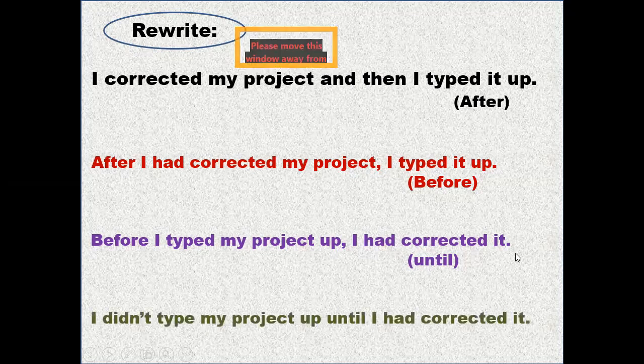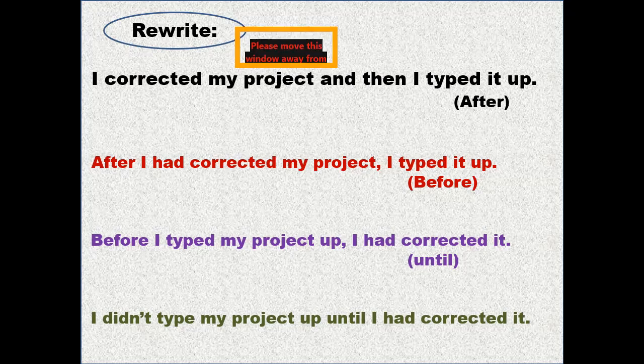So again, for the one who has just entered our meeting, we are explaining the past perfect simple tense. Its form is had plus the past participle of the verb. We use it to express an action that happened before a specific time in the past, or with two actions, one happened first and the second action happened after it.